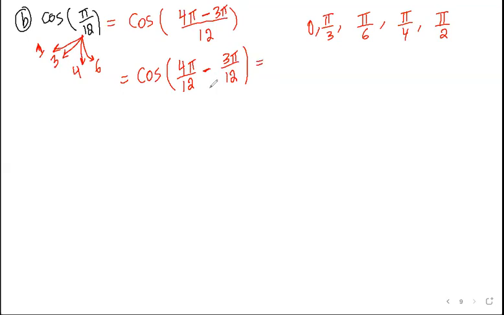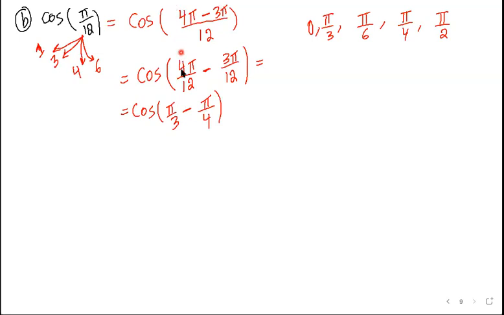And this is actually equal to cosine of 4 pi over 12, which simplifies to pi over 3, minus 3 pi over 12, which simplifies to pi over 4. For pi over 4, I know the values of sine and cosine, and I know the sine and cosine for pi over 3 too.